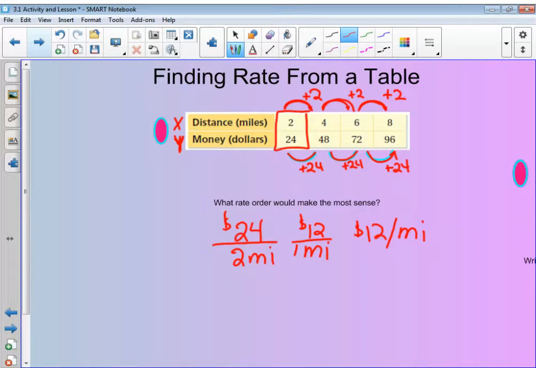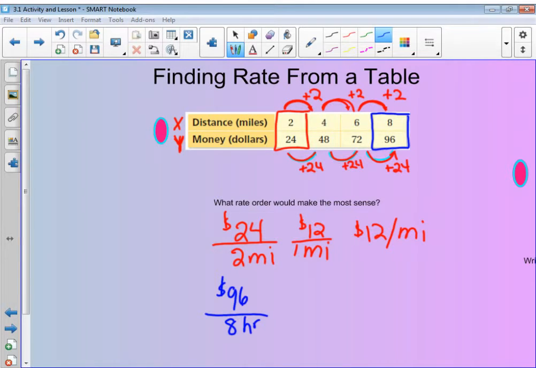Okay, so just to prove on this one, and this is the only one I'll do it, had I picked a different set of these numbers, maybe I picked, we'll do this very last one. Had I worked with that one, let's see if we get the exact same rate. So here I would do my $96 per 8 miles. Okay, so let's check our division on that.